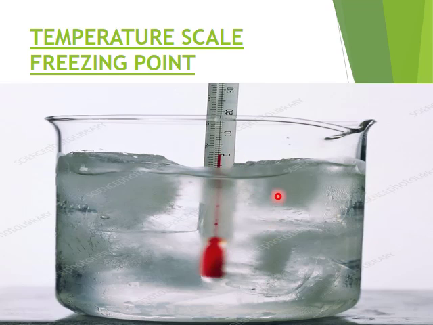This will be the freezing point of water. When you stand the bulb in ice cold water, it gives you 0 Celsius, and this is the freezing point of water.